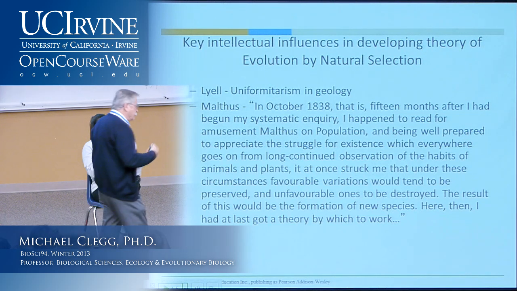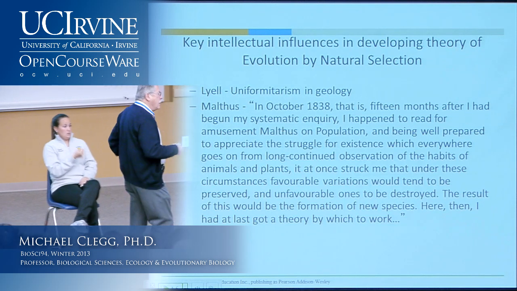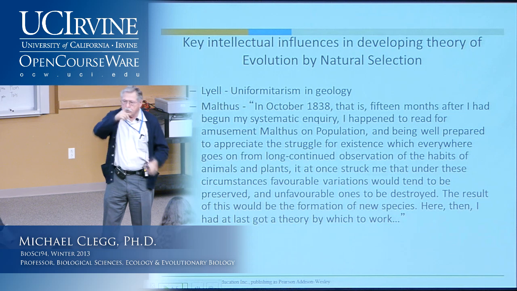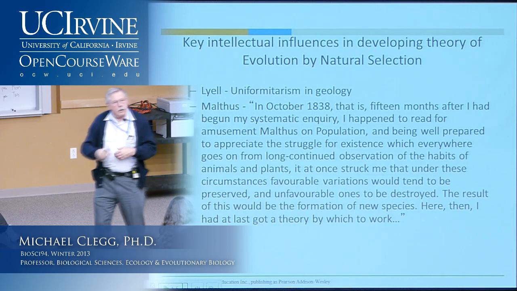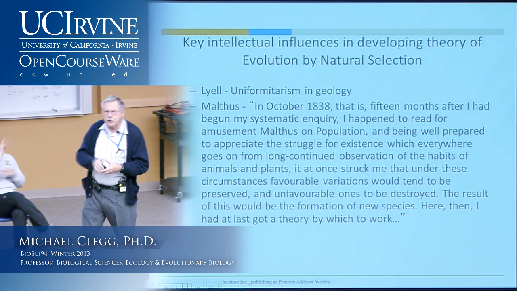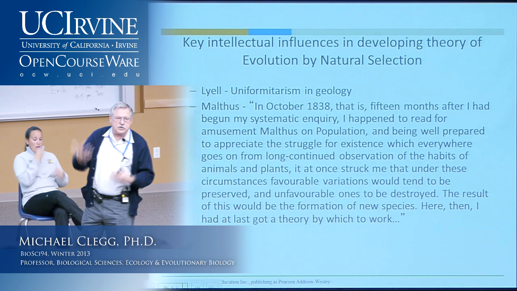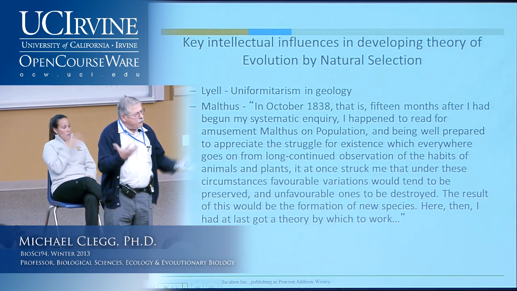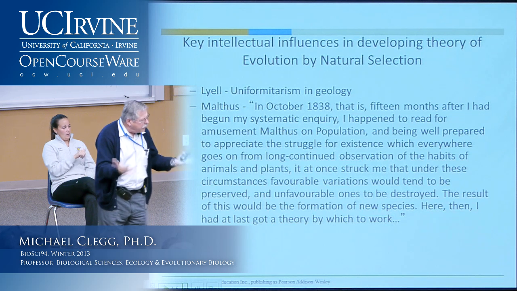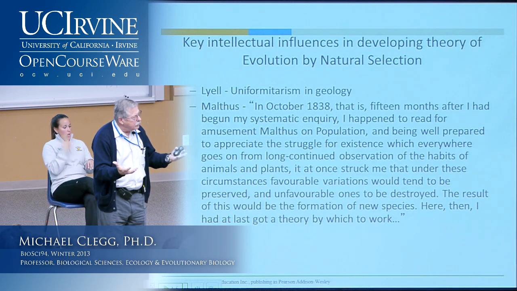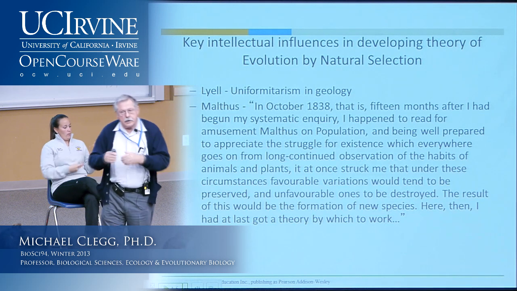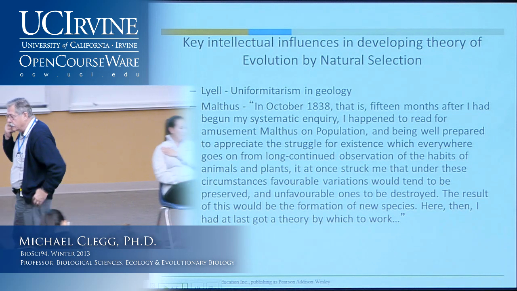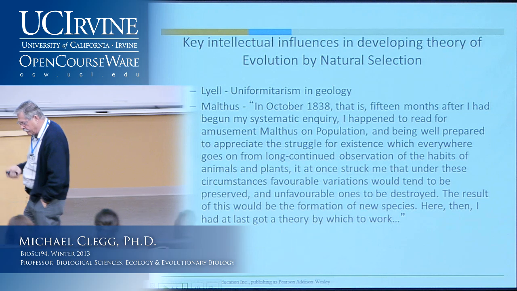And Malthus made the observation that populations tend to grow geometrically, that is, they grow exponentially, but that the ability to increase food and sustenance can at best grow arithmetically. And therefore, there has to be a long-term conflict between population growth and the ability to acquire the resources, food and so forth, that are needed by a population for survival.